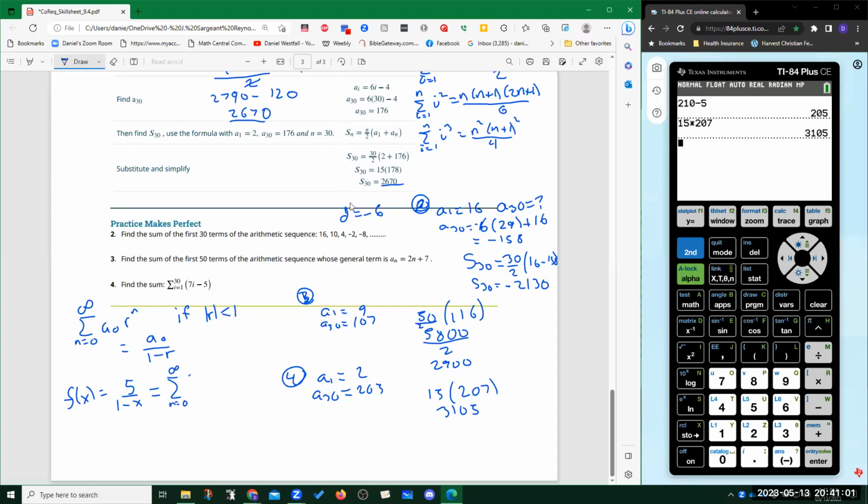This a0 is 5. Our r is going to be x, and it's going to get raised to the n, like that.